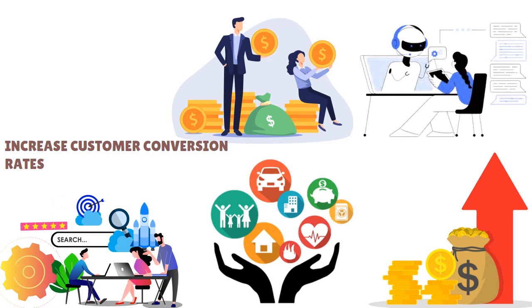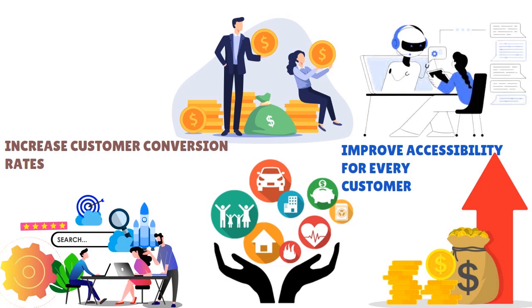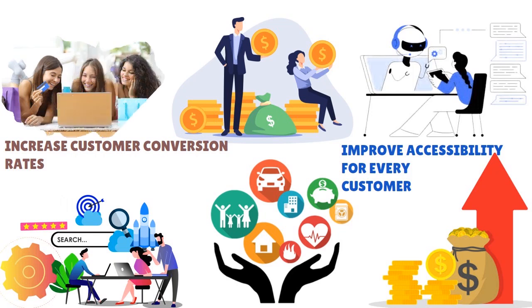You are able to improve accessibility for every customer. And if you want to retain customers, if you want to increase your customer retention rate, actually improving accessibility is a key criterion that you need to focus on, not only in the short run, but also in the long run. And that's really important to look at it from that point of view.